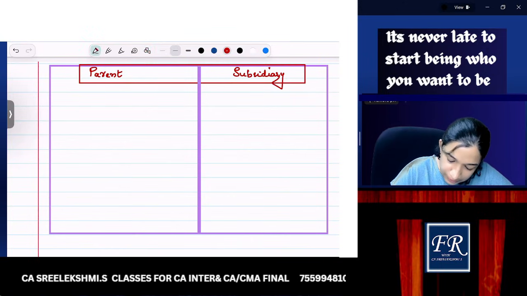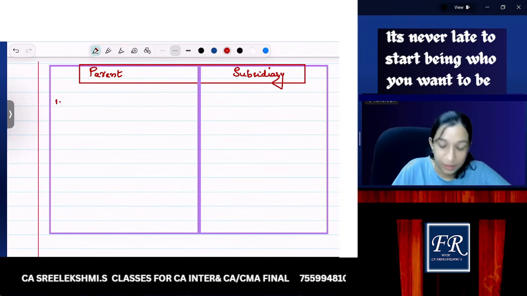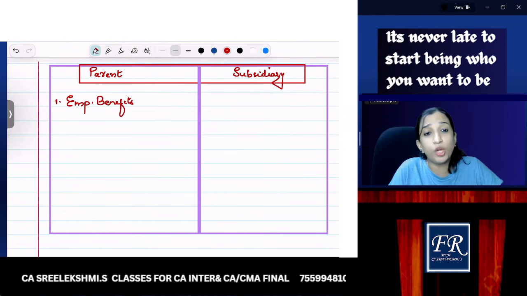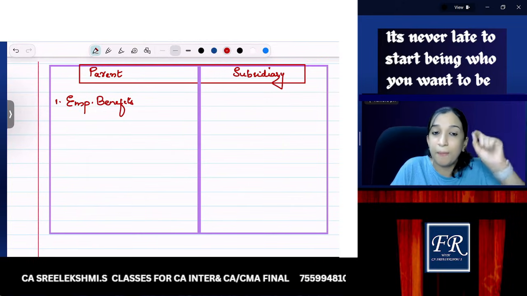So first, in the books of parent, employee benefit expense. Why employee benefit expense in the books of parent? Because if the employees are working with the parent company, employee benefit expense should come in the books of parent.